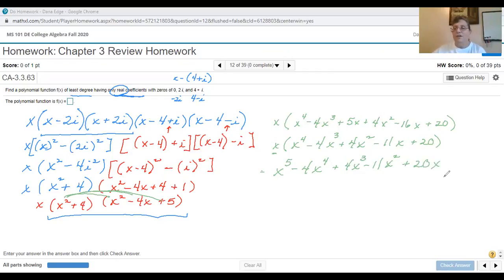So this would be the most basic polynomial with the smallest degree possible that would have these 3 zeros. Because if it has these 3, it has to have 5, the conjugates of the 2 imaginaries.